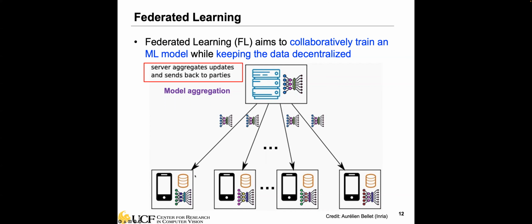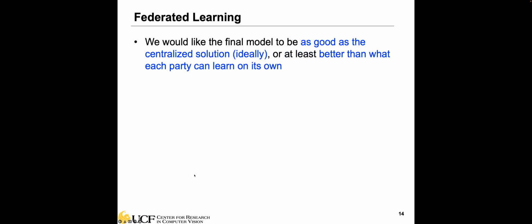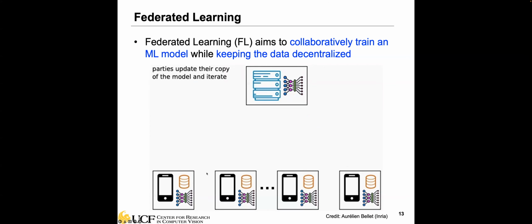Each client will receive the updated model, and based on this updated model, each local client can continue the local training. Then train this model again using the local data, and the process can be iteratively repeated for many rounds.